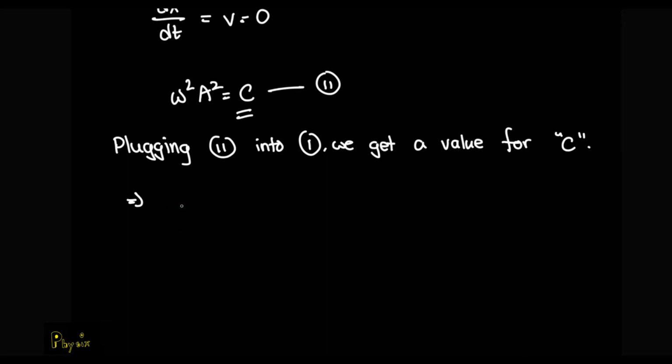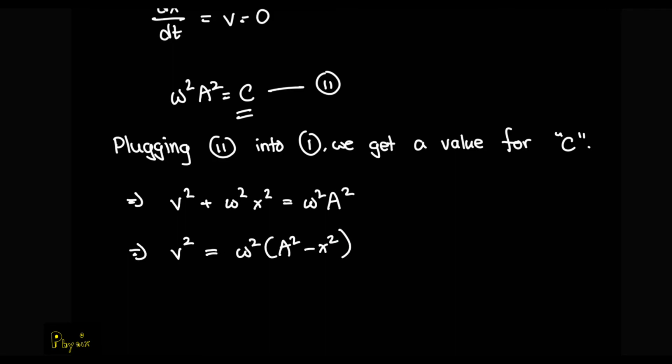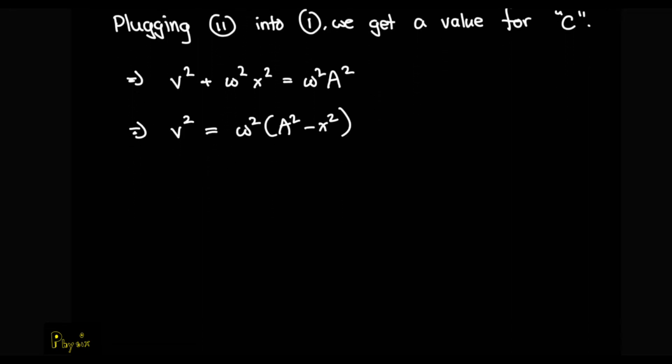And we have that. Now, if we simplify this entire thing, we could write this down as this equation over here. Now, our objective is to find x is equal to a sine omega t as our actual solution. So we need to break this velocity down into something that represents, let's say, displacement, right?